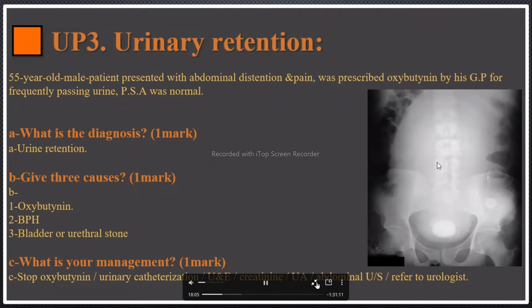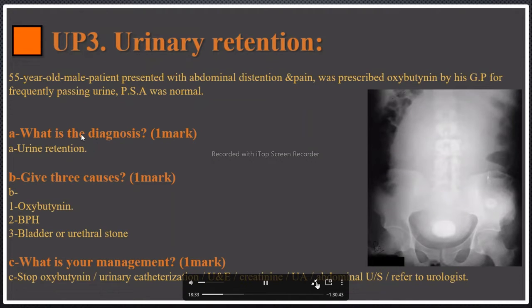It means this patient has had incontinence, for example, for the last 2 weeks, and he went to the GP, who gave him oxybutynin to prevent incontinence. After that, he has a side effect of oxybutynin. Despite preventing incontinence, it causes retention.